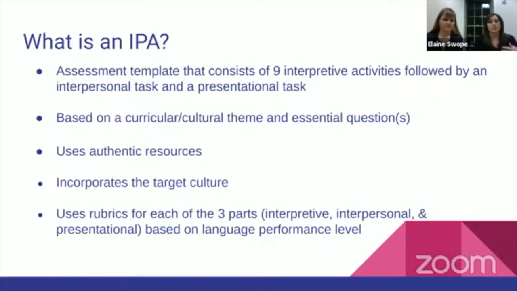And then, of course, in your interpersonal and presentational, connecting those activities to real life. And finally, the IPA uses rubrics for each of the 3 parts: the interpretive, interpersonal, and presentational. And of course, the rubrics are based on the performance level: novice, intermediate, advanced.